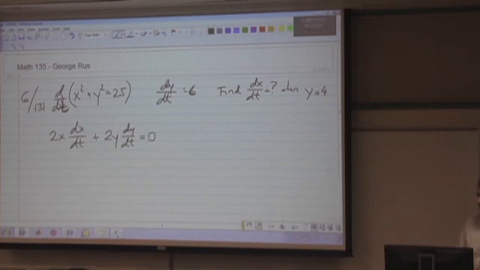Since the derivative of 25 is just 0. So now all we have to do is put in what we know. So it'll be 2 times 3 times dx over dt plus 2 times 4 times 6 is equal to 0.